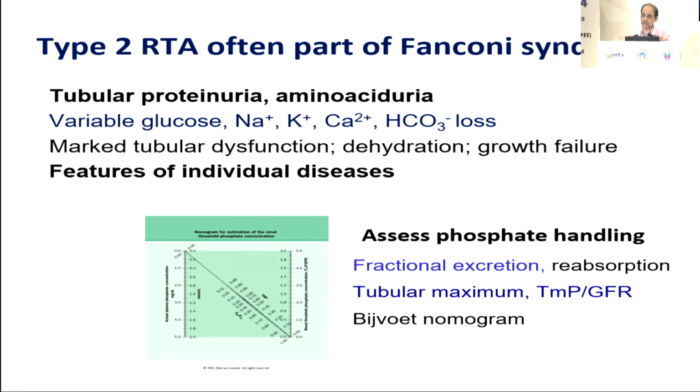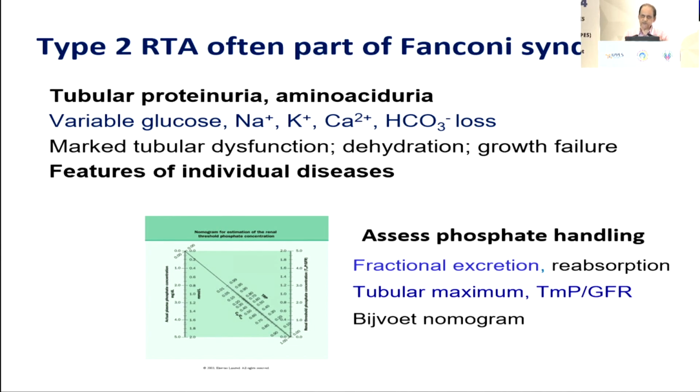You may or may not have phosphaturia, you may or may not have glucosuria, but you always have to have loss of low molecular weight proteins in the urine and/or aminoaciduria. And the low molecular weight proteins that you're looking at are either retinol binding protein or beta-2 microglobulin and so on. And then you would obviously have features of individual diseases.